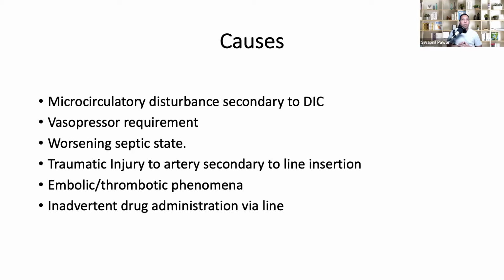Next possibility is an embolic or thrombotic phenomenon due to either trauma, or DIC with clots forming everywhere, leading to embolic phenomena. And the last possibility, which is rare but still possible in this case, is inadvertent drug administration through the arterial line. So these are the common differentials for this scenario.